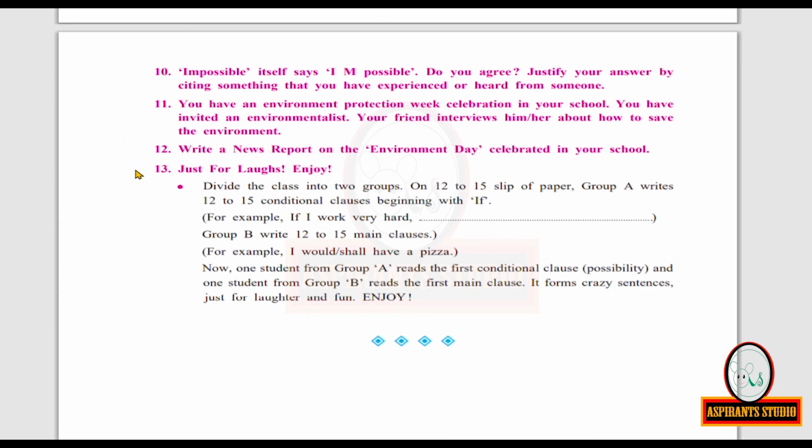Now see the 12th question. Write a news report on the Environment Day celebrated in your school. So when you are writing a news report, you have to write the title. Then below that, in the next line, put a hyphen and write by staff reporter or by student reporter. If it is something related to school, you write by student reporter.